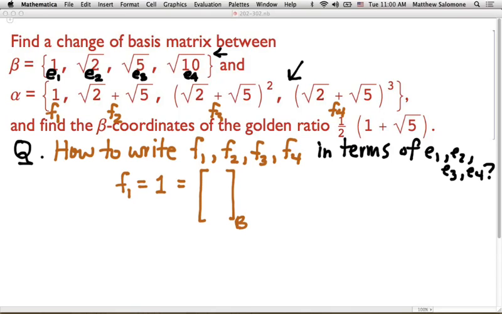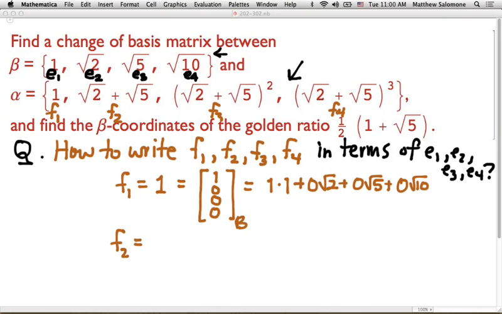So the first basis vector in the A basis has coordinates in the B basis 1, 0, 0, 0, because 1 is equal to 1 times 1 plus 0 times the square root of 2 plus 0 times the square root of 5 plus 0 times the square root of 10. So there's our first basis vector.